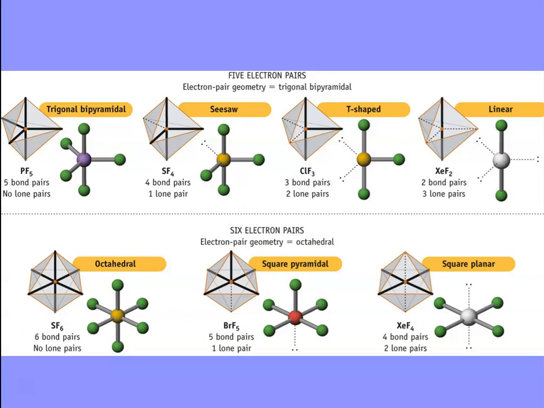So one removal to a lone electron pair becomes seesaw, a second one becomes T-shaped, and the third one actually is able to become linear because the electron pairs are all in that triangle plane and the rest of the atoms are 180 degrees apart. With octahedral, once the first one has been replaced, you are going to go to square pyramidal. And then once you replace the second one, now you are going to have a square planar.